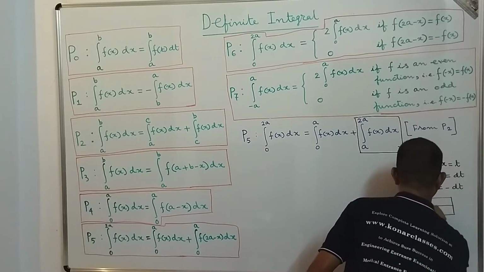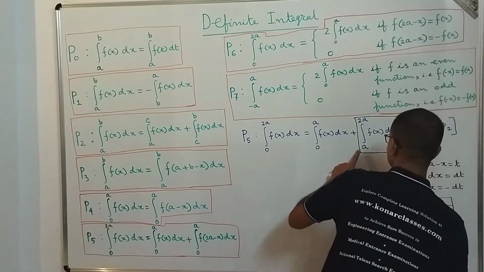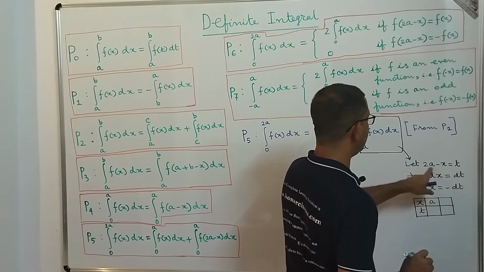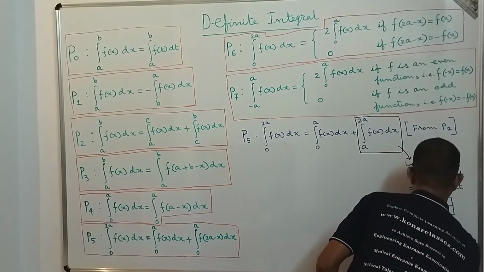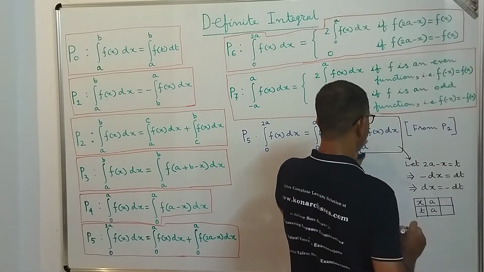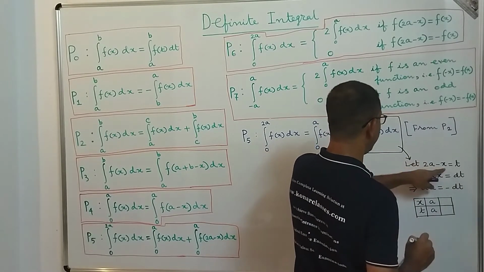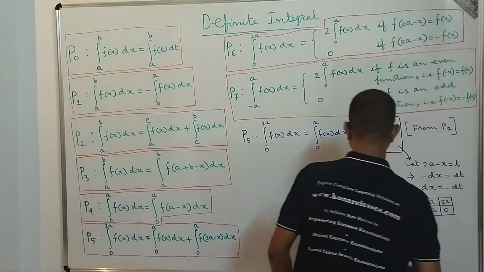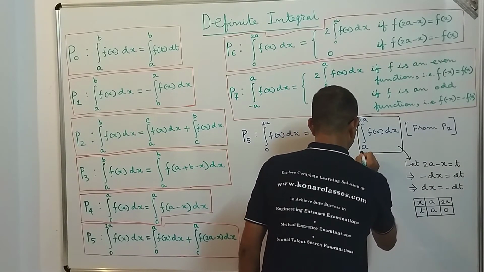Now when x is equal to a, we get t equal to 2a minus a, that is equal to a. And when x is equal to 2a, we get t equal to 0. So what value are we getting then?